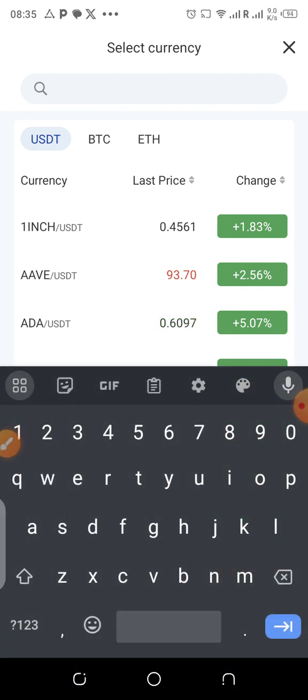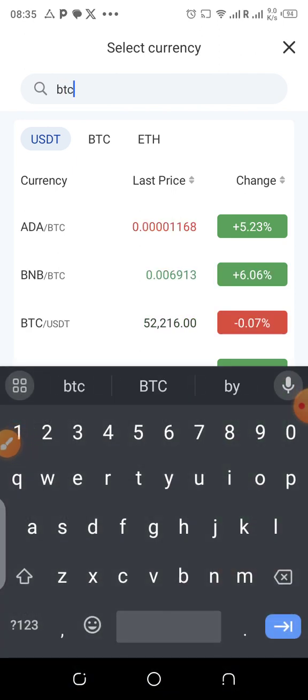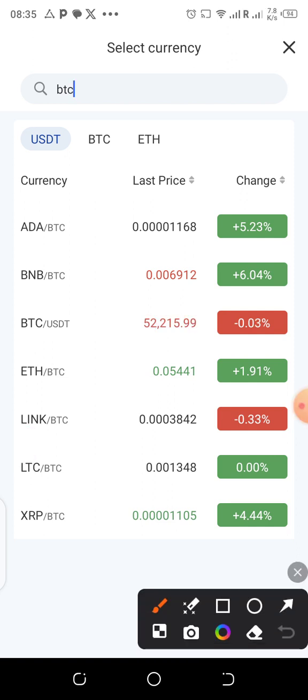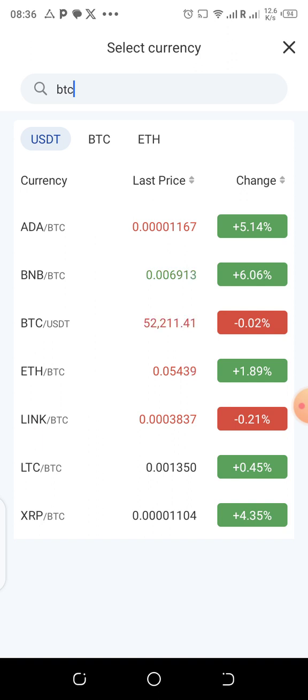You type BTC, and they are going to bring it. So we are looking for BTC USDT, Bitcoin USDT. We are dealing in the USDT market, trading other cryptocurrencies versus USDT.